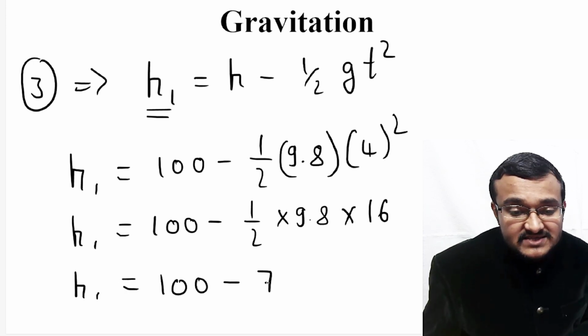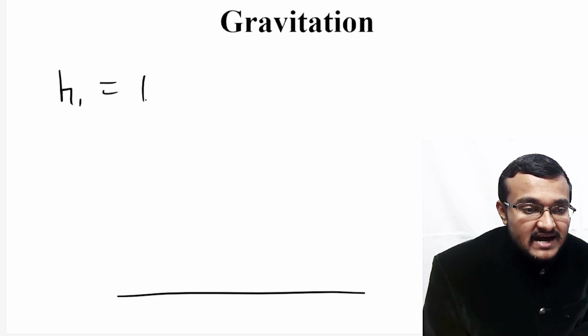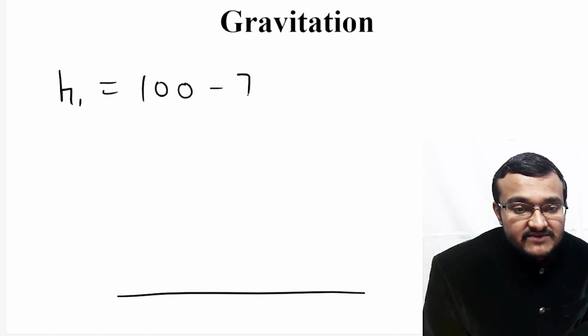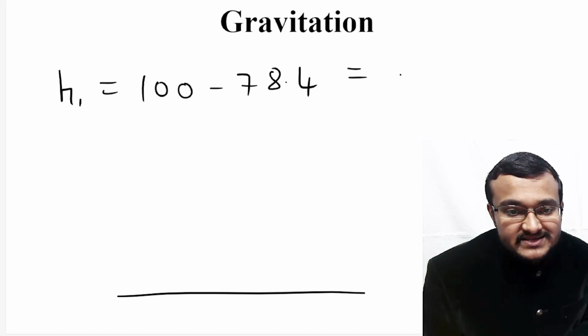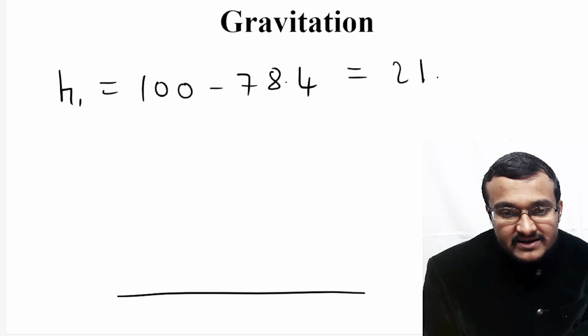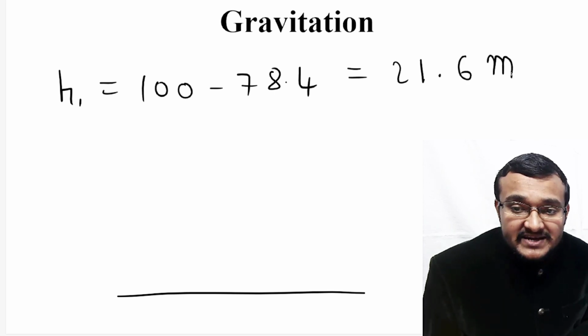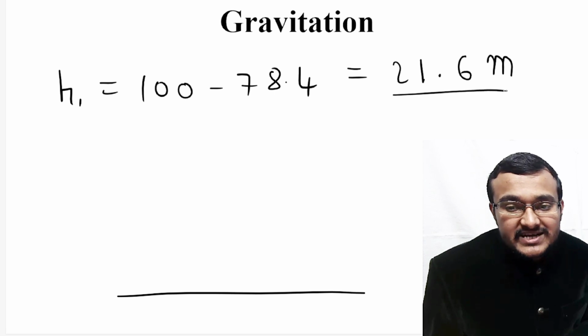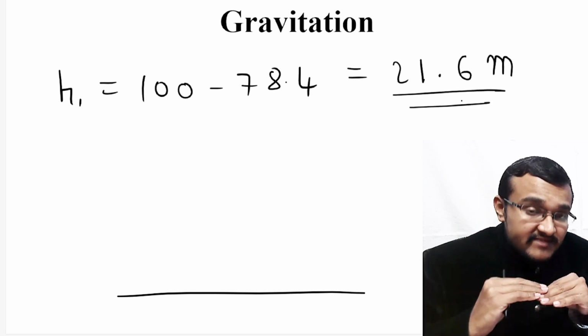Now if you calculate this, h1 is equal to 100 minus 78.4. So 100 minus 78.4 is 21.6. So 21.6 meter will be there. This 21.6 meter is the distance from the bottom.